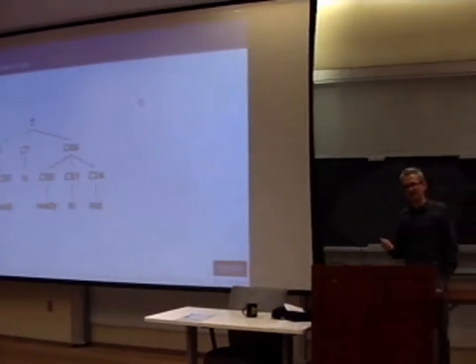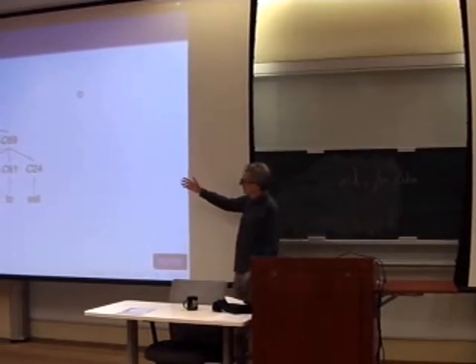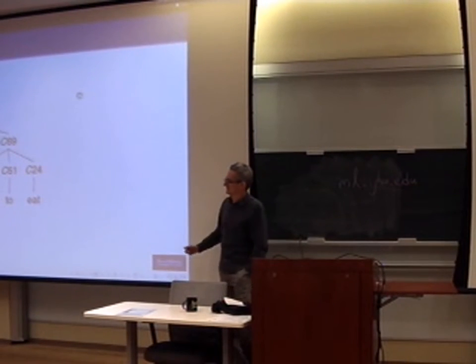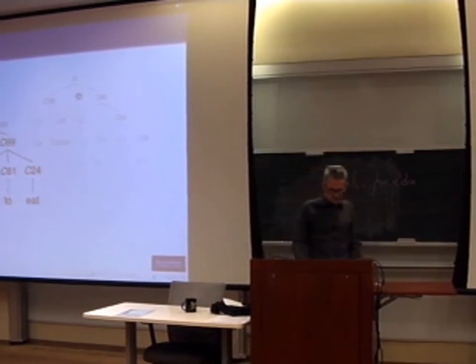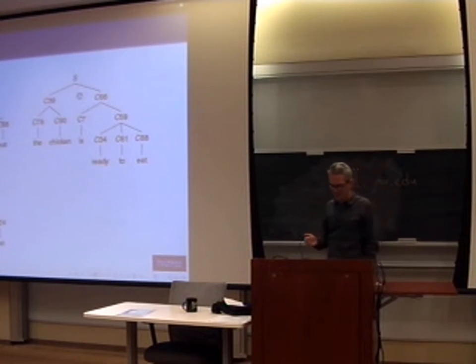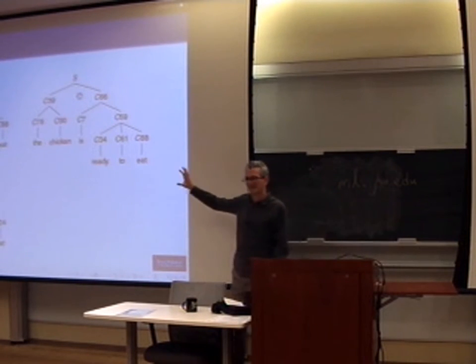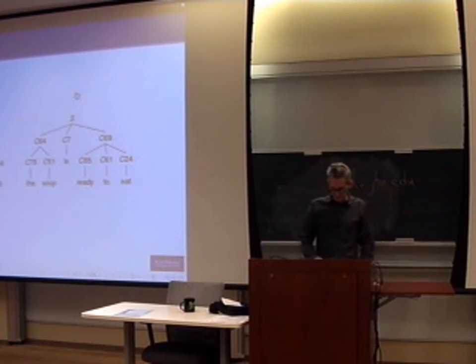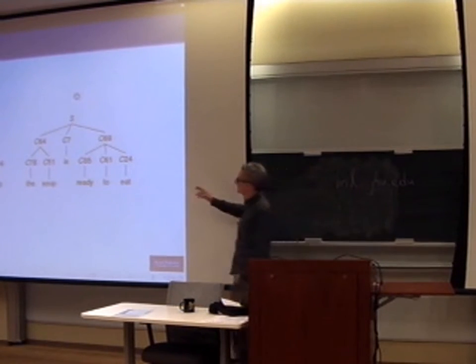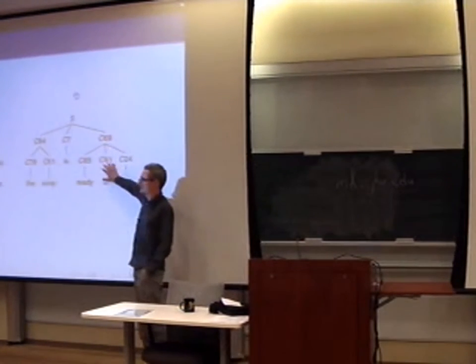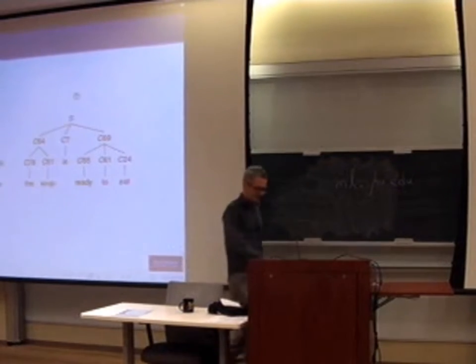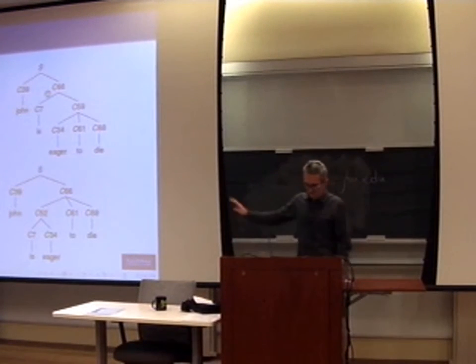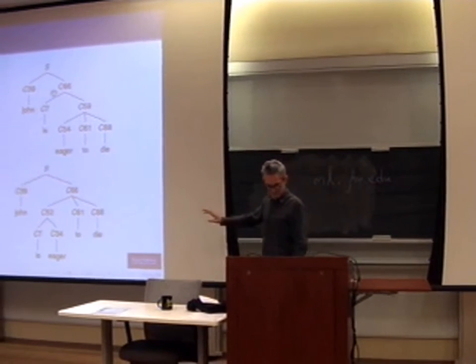For the soup is ready to eat, we just get one tree structure like that. And for the chicken is ready to eat, we get three tree structures. If we compare the three tree structures, we see that one of the tree structures, the chicken is ready to eat, looks exactly like the soup is ready to eat, and the other two look exactly the same as here.